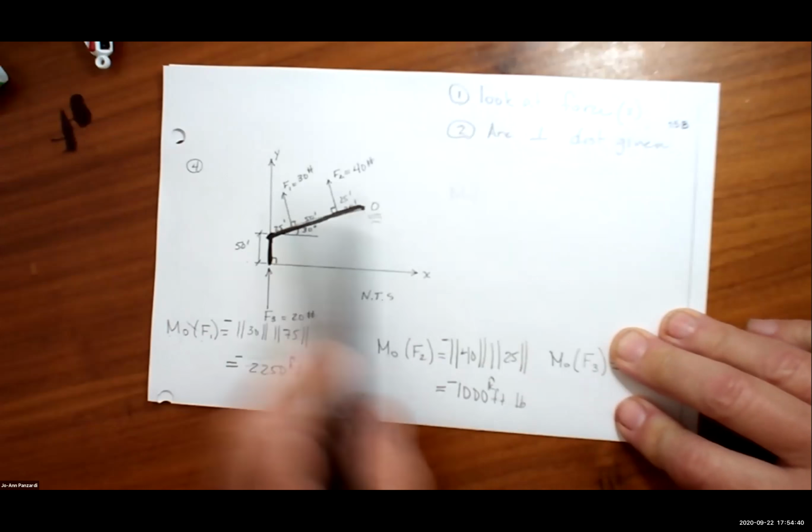Is it positive or negative? Fingers go in the direction of the force, palm goes towards the point. Negative. And it comes out to be negative 1732, again, foot-pound.